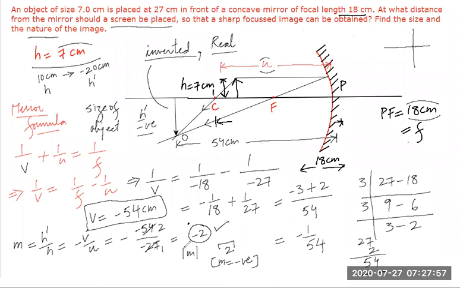Yes, sir. Now m is given, m is also equal to h dash by h. So I can say h dash is equal to m into h. That is, m is minus 2 into what is h? H is 7. So it is equal to minus 14 centimeter.